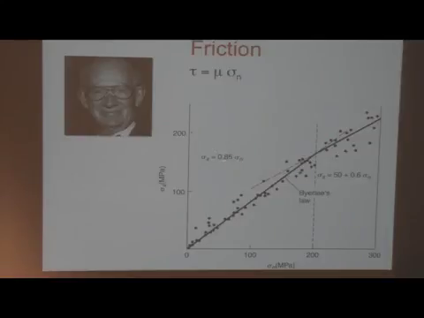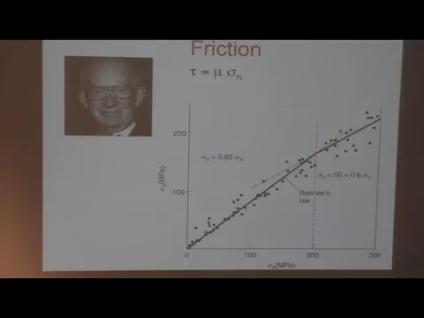In the shallower parts of the crust, at normal stress less than 200 megapascals, the coefficient of friction was about 0.85, and these rocks were mostly, I believe, granites, still pretty competent harder rocks, but with a pre-existing fault cut into the rocks. And then at higher normal stress, the coefficient of friction changed to 0.6.